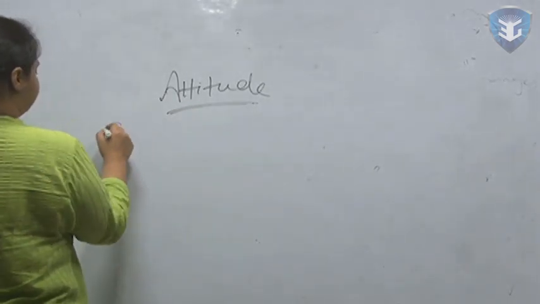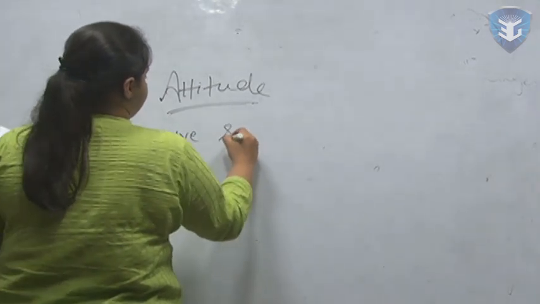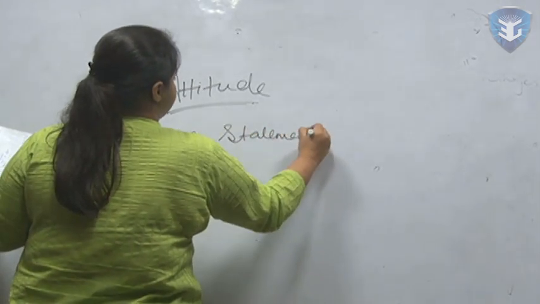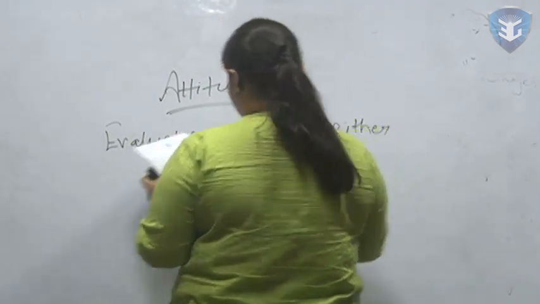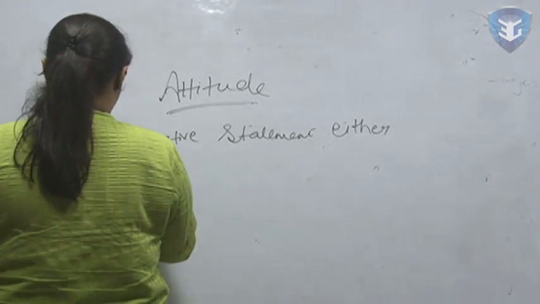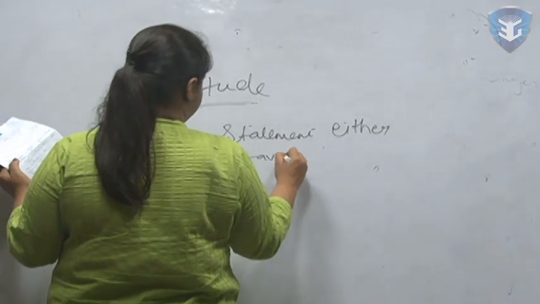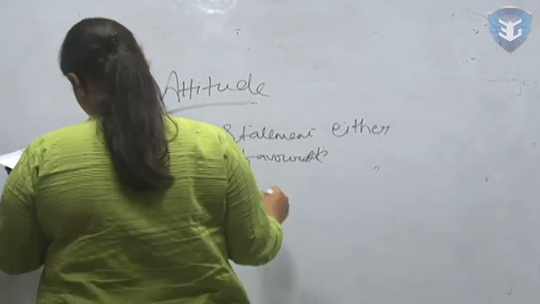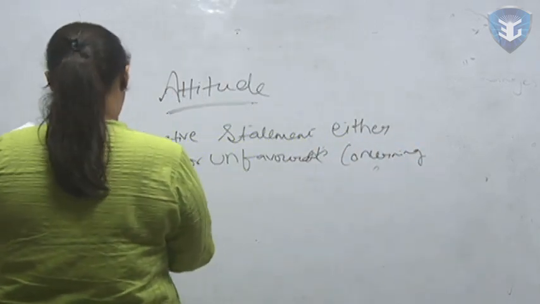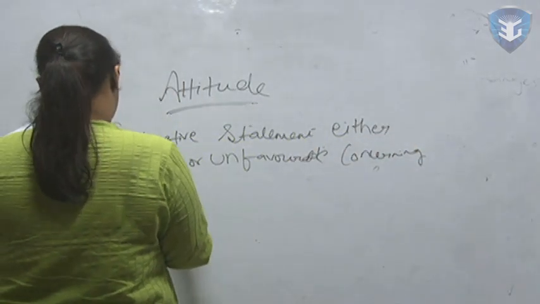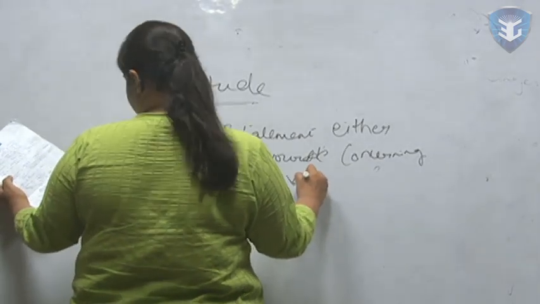Attitude is an evaluative statement which is either favorable or unfavorable, because attitude can be both positive as well as negative, and it can concern objects, people, or even events.